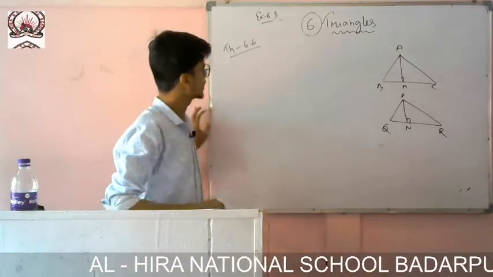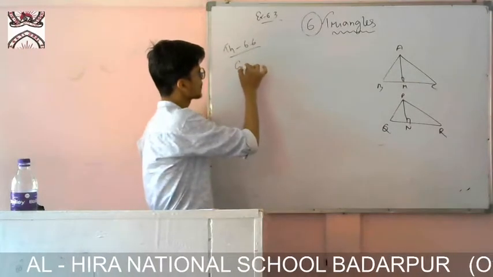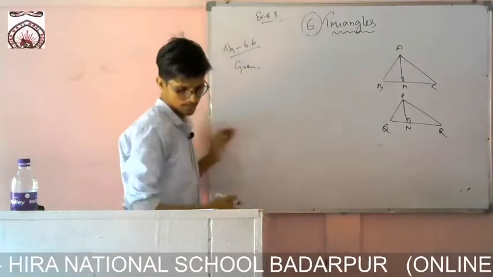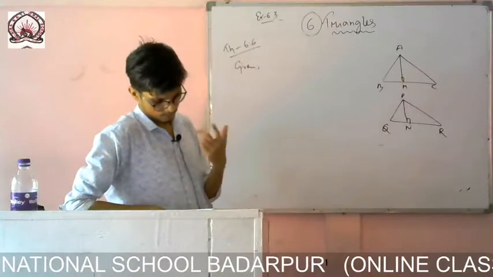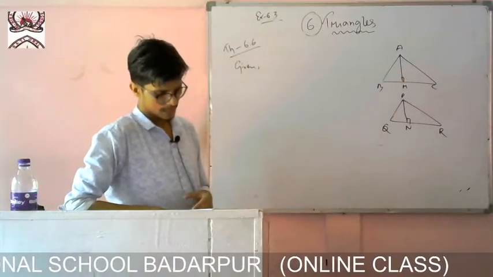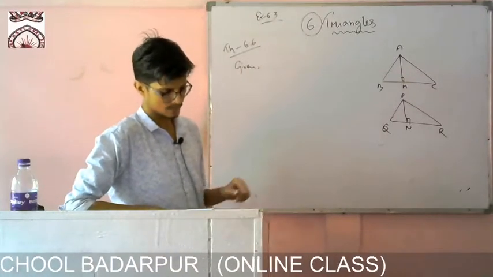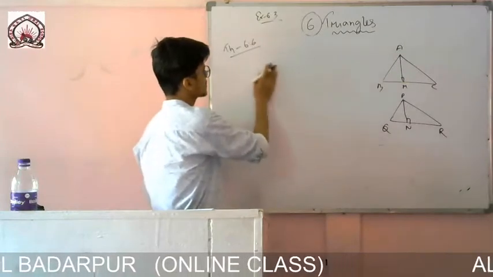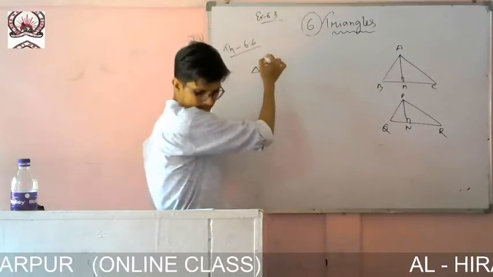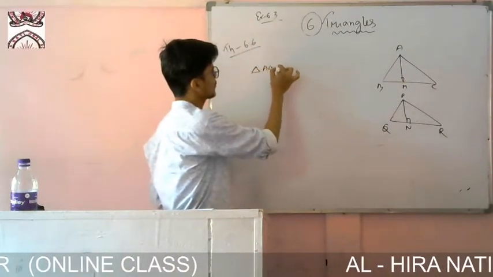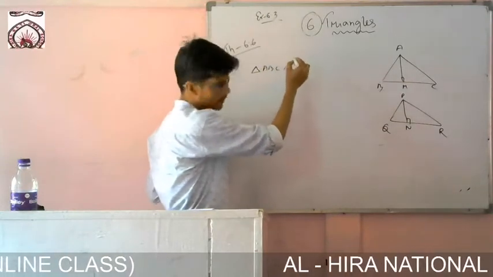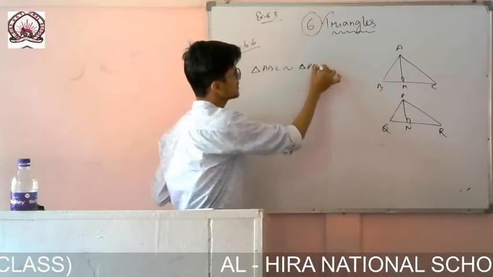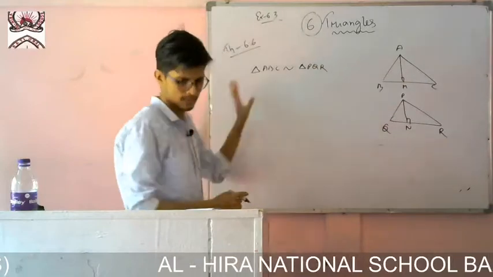So what is given, you write like this. Given, it is there in your book, you see, no need to write it all from here. You write: given two triangles ABC and PQR such that these two triangles are similar. Very easy actually, that's why I am not doing the whole one, I am just showing you.